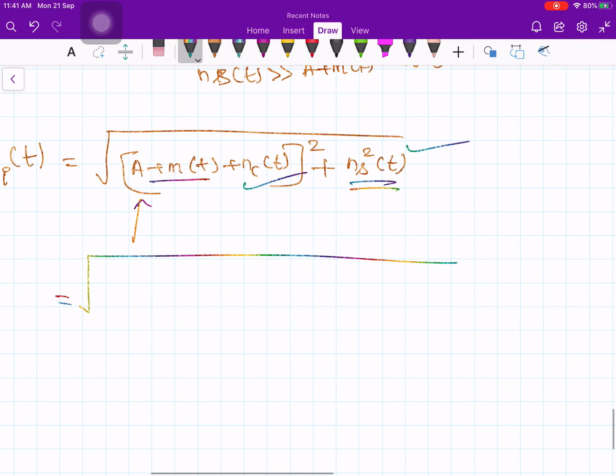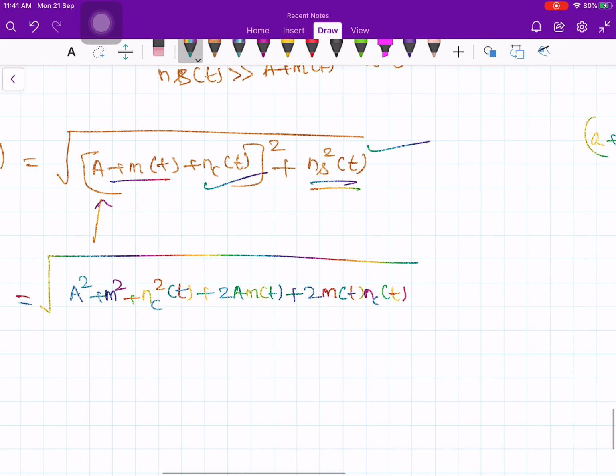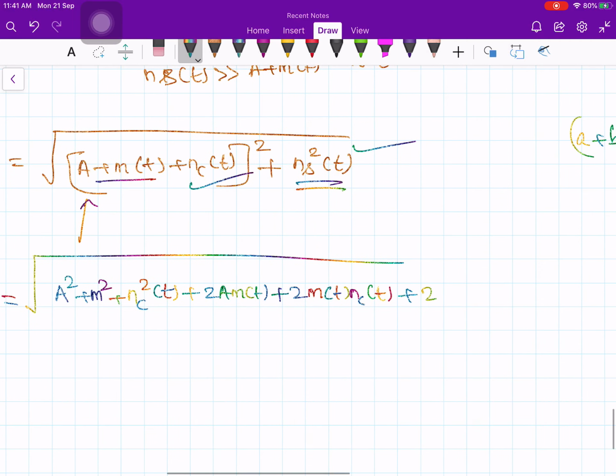It is going to be (a plus m of t) squared, plus nc squared of t, plus 2ab, 2 times a times m of t, plus 2bc, 2 times m of t times nc of t, plus 2ca, 2 times a times nc of t, plus n square of t. That's it.